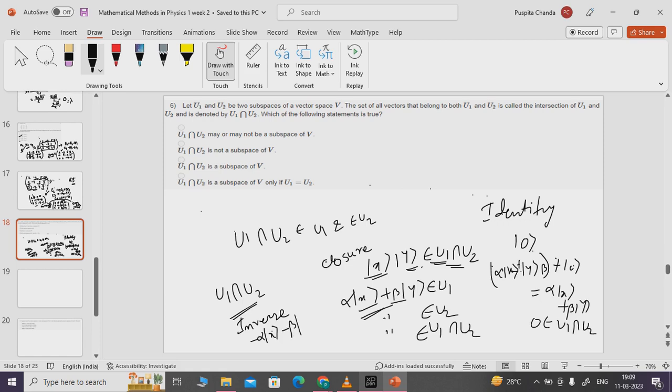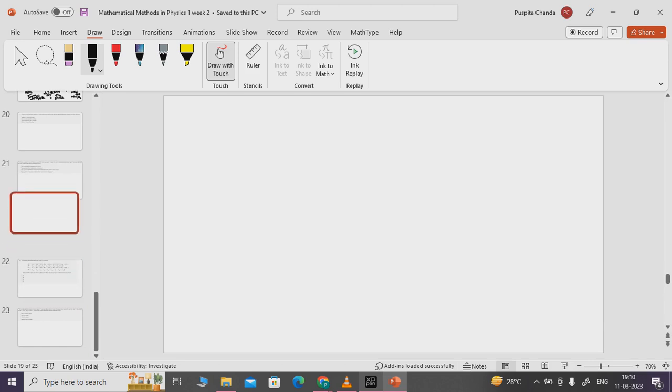When alpha x plus beta y belongs to this, alpha x minus beta y also belongs to U1 and U2. So we can say that it is a subspace of V.